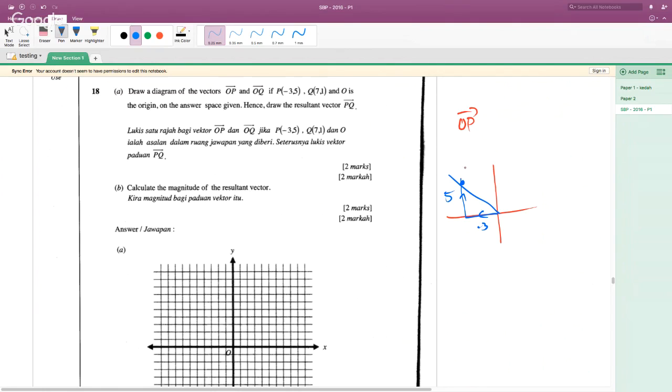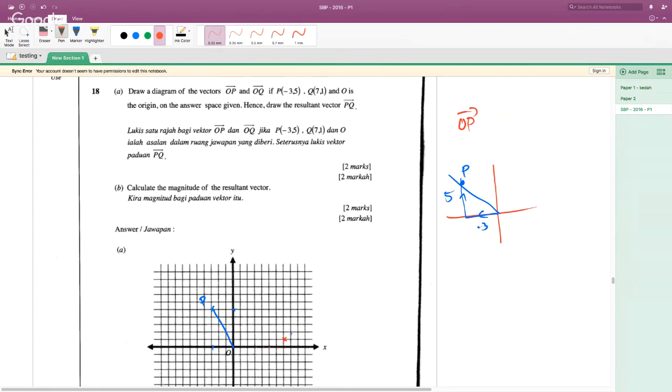This is my OP. So 3 units and 5 units: 1, 2, 3 is here, 1, 2, 3, 4, 5 is here. So P is here, and my OP is like this. Next, OQ is (7, 1). 1, 2, 3, 4, 5, 6, 7, and 1 is over here.